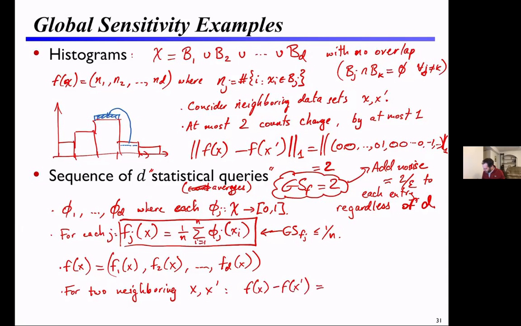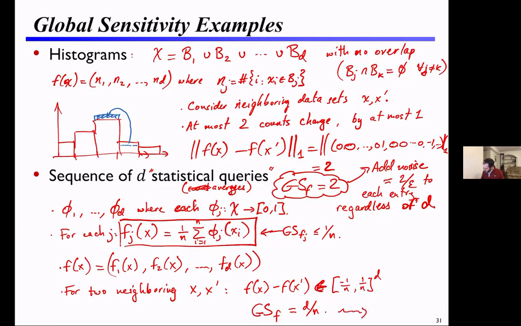This could be a long vector, of length d. Each entry can be anywhere between minus 1 over n and plus 1 over n, and they can all be non-zero at the same time. So its L1 norm can be as large as d over n, and so the global sensitivity of this f is d over n. Which is still pretty reasonable as long as d is not too big, as long as the data set size is much larger than the number of things we want to compute.